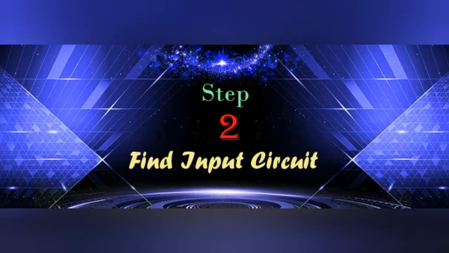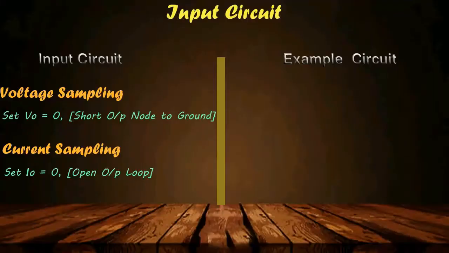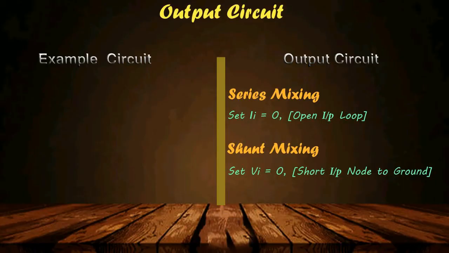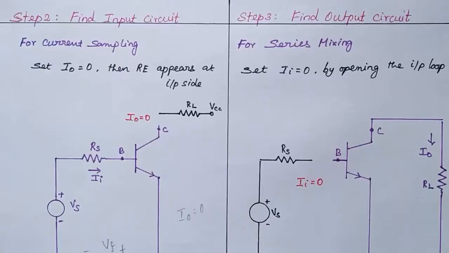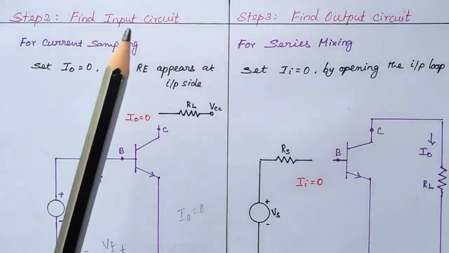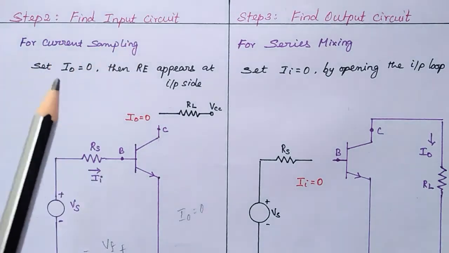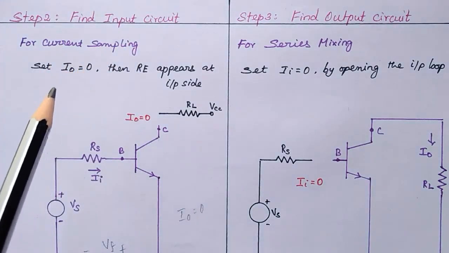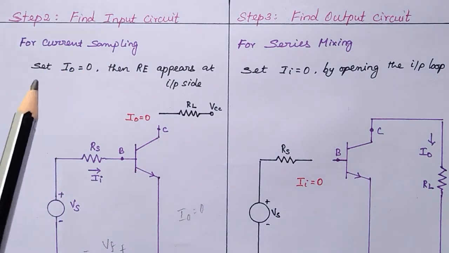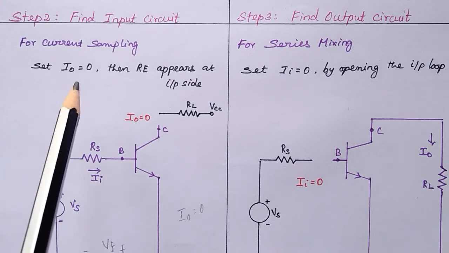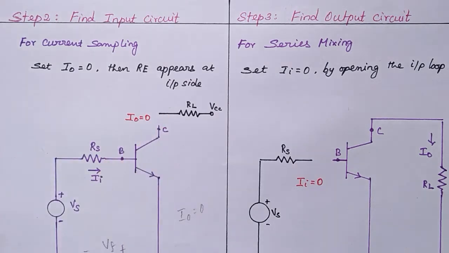Step 2. Finding the input circuit. Step 3. Finding the output circuit. The next step is finding the input circuit. Already we have decided the sampling is current sampling. Hence we do this step: the output loop current we made 0 by opening the output circuit.